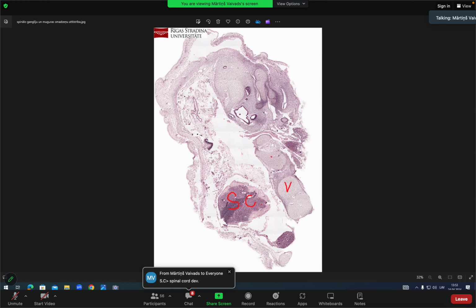You also have vertebral column development. And you have here the ear cartilaginous capsule.